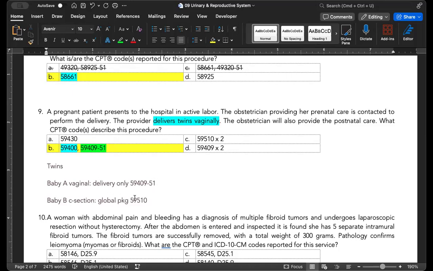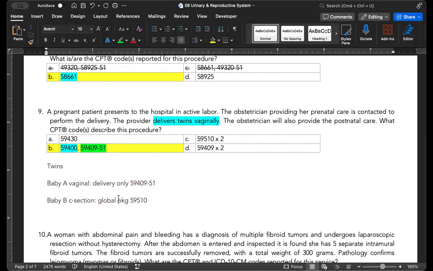Okay. So then the same thing goes for if it's a VBAC. Does everybody know what a VBAC is? Vaginal birth after cesarean. So if this is mom's second pregnancy or third or whatever, it's just not her first, and she had a C-section on a previous pregnancy. A lot of doctors will not want to let mom try to have a vaginal delivery after a C-section because there is the risk of the uterus splitting open where that scar tissue is from the previous C-section.